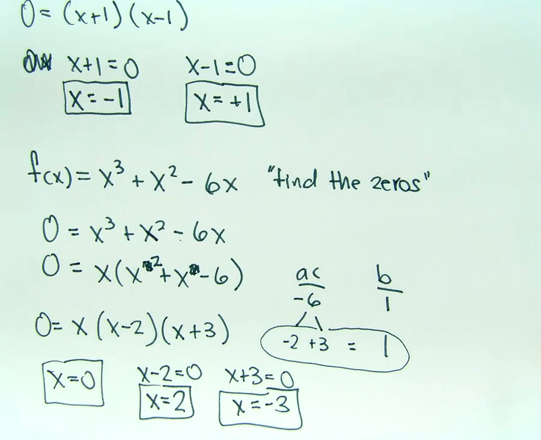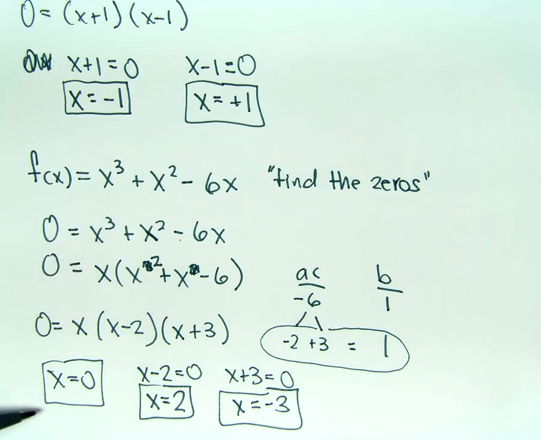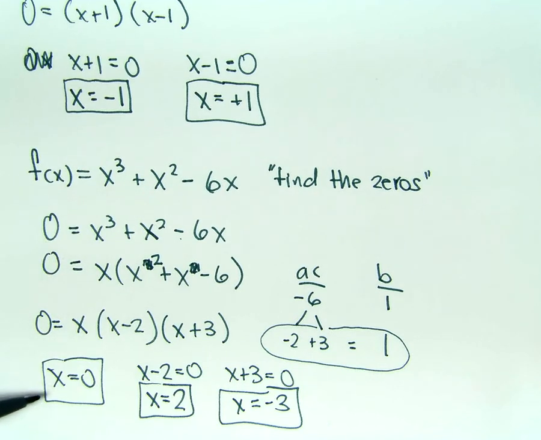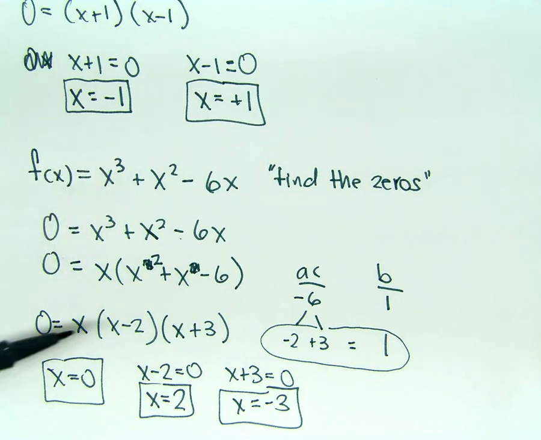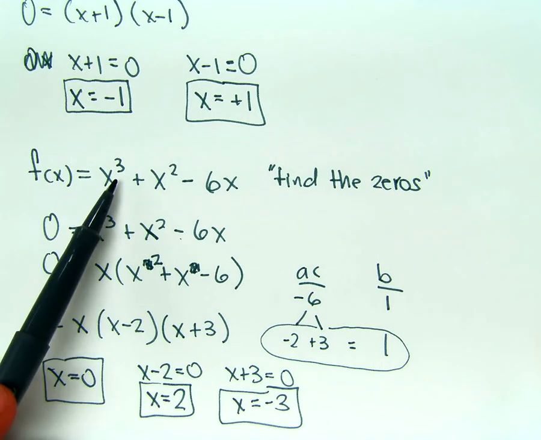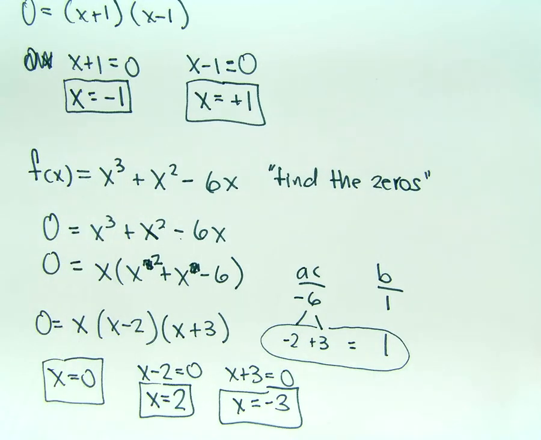Do you notice anything about the degree of the function and the amount of zeros or the amount of solutions that we have? The highest degree and the amount of solutions. Do you notice anything? The degree. Yes.